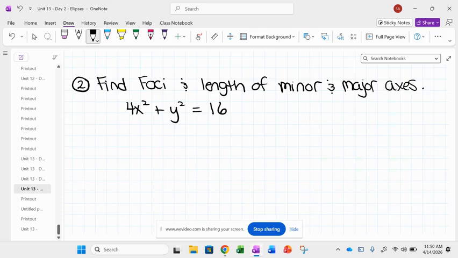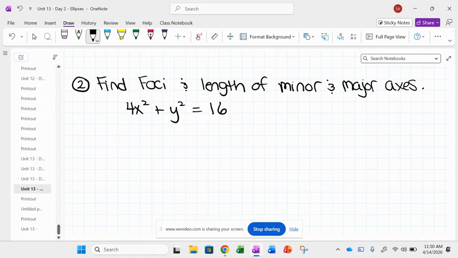Did I say find the length? Or find the focal length, I should say. Am I asking you to find the focal length? No, I'm saying find the foci. What are the foci in the graph? 2 points. So when I'm saying find the foci, I'm not asking for the focal length. I'm asking for the coordinates of those foci, of the 2 foci. That's what I'm asking for.